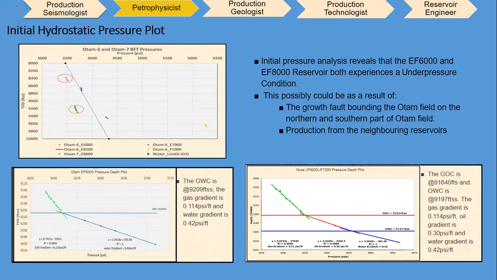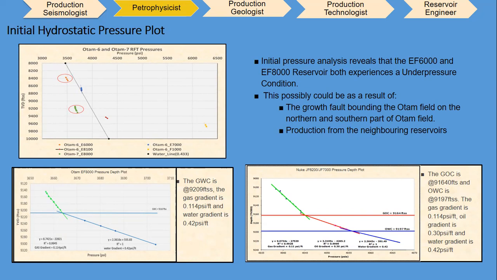This is 0.39 and 0.41, showing that truly, possibly as a result of the growth fault and also the production from the neighboring field. Below this, we have the RFT plots, pressure plot revealing the fluid contact of these two fields.